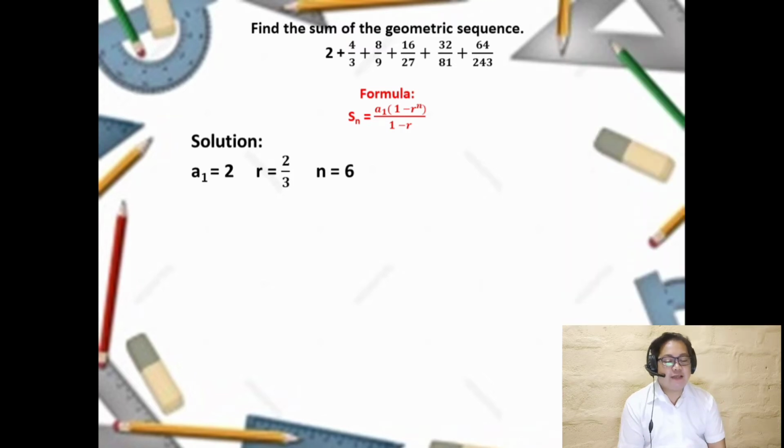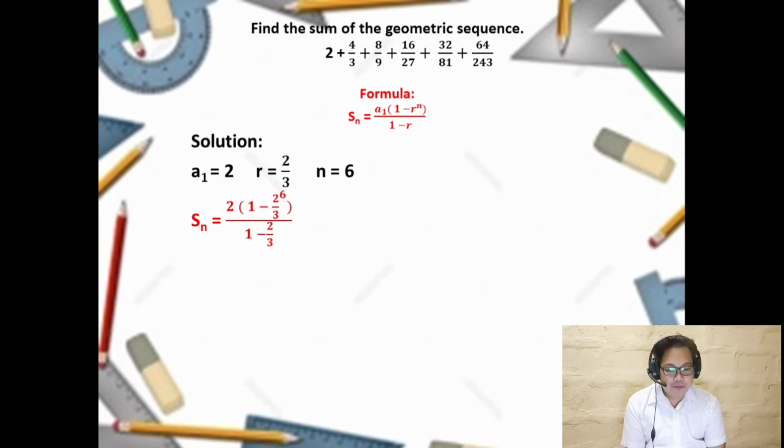Doon naman tayo sa number of terms. So ang number of terms natin ay 6. Meron tayong 6 na terms. So n equals 6. Then pwede na nating i-substitute sa ating formula. So S sub n is equal to 2 quantity 1 minus 2/3 raised to 6 over 1 minus 2/3.